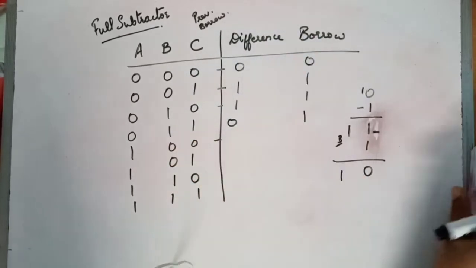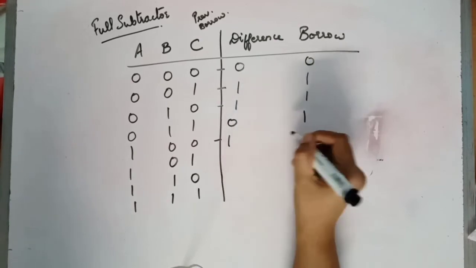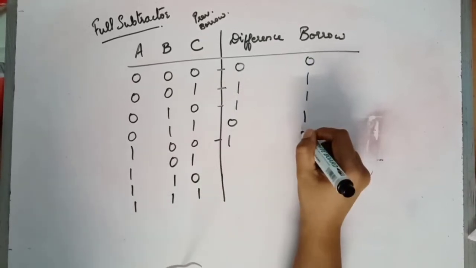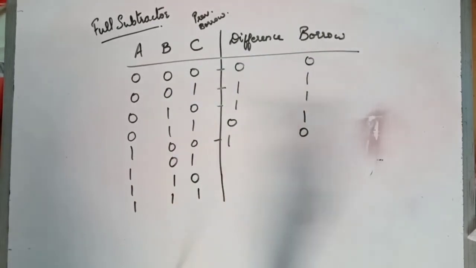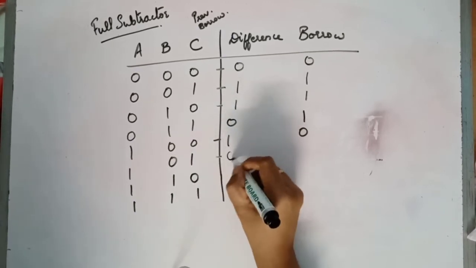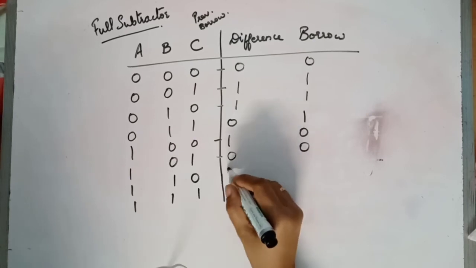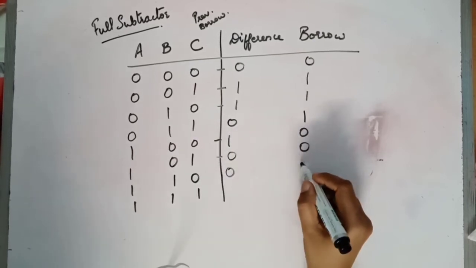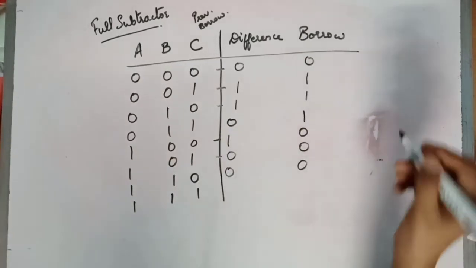1 minus 0 is 1. Minus 0 is again 1. Borrow is 0. 1 minus 0 is 1. 1 minus 1 is 0, no borrow. 1 minus 1 is 0, no borrow. 1 minus 1 is 0.